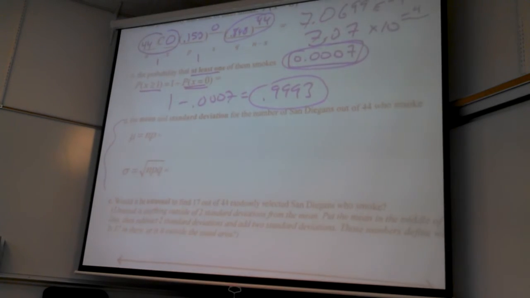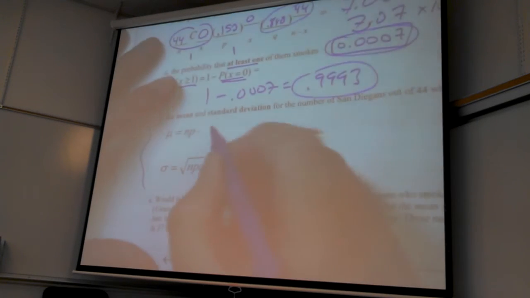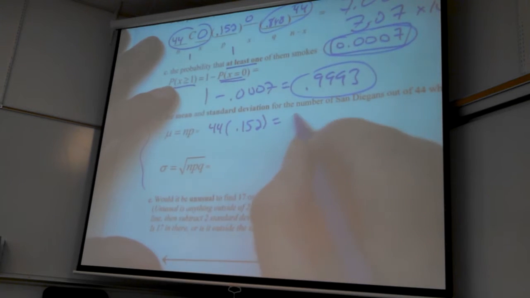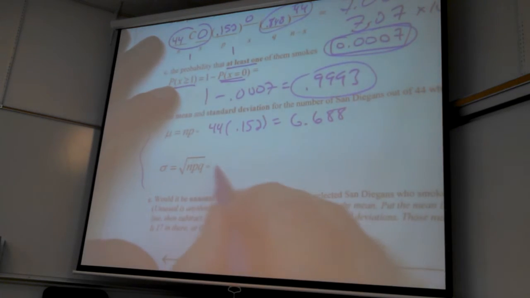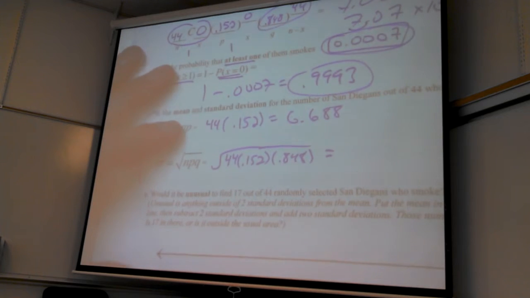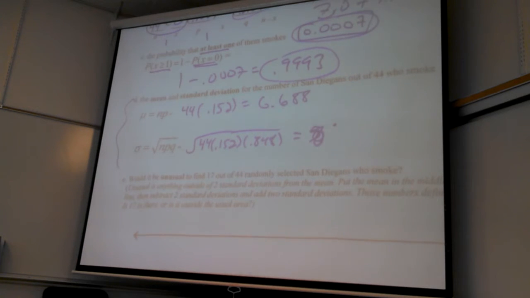So what's the mean here? 6.688. Sorry, let me catch up to you. So it would be 44 times 0.152. You got what now? 6.688? Mm-hmm. And then the standard deviation would be this whole mess. What do you guys get, sir? 5.6714. I got 2.38. Maybe you didn't square root or something?